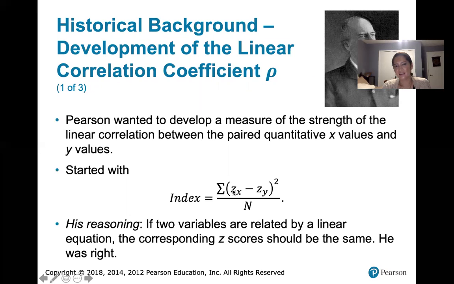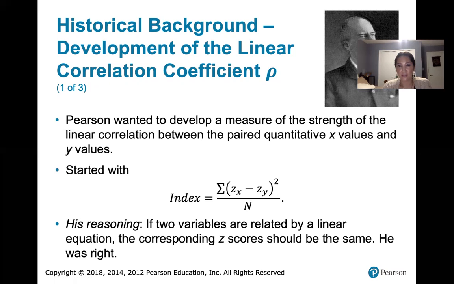This is the z-score for a particular x value in our data set. The way we calculate this is we take the x value, we subtract the mean of the x values, we divide by the standard deviation of that set of x values, and that z sub x gives us the number of standard deviations that that particular x value is above or below the mean.